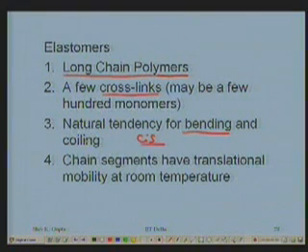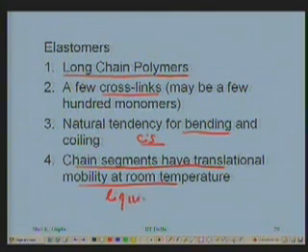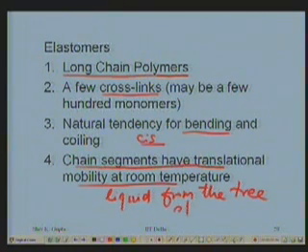Then there is a natural tendency for bending and coiling because of the cis arrangement. So the CH3 is on the same side, and it's a bigger side group, it takes more space, and then the chain segments have translational mobility at room temperature. That's how it comes out in the form of liquid from the tree at room temperature.